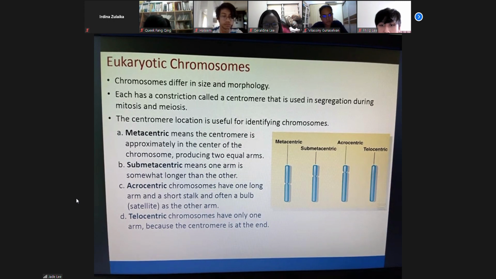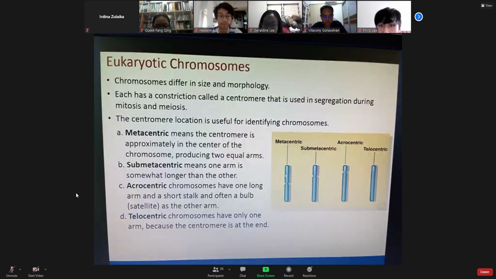Metacentric means the centromere is approximately in the center of the chromosome, producing two equal arms. For example here, the P arm and the Q arm, the length is almost even. This is what you call metacentric.